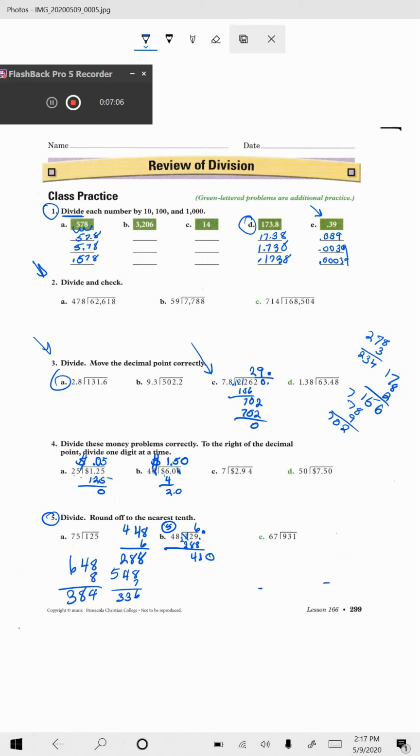Yep, that's as close as I'm going to get. Because this 384 to 400 would be 16. 16 plus 10 would be 26, which is smaller than 48. So 8 will work. Now I only have to get the top number. I don't have to totally finish it, because I just have to know what the next number is in order to round.